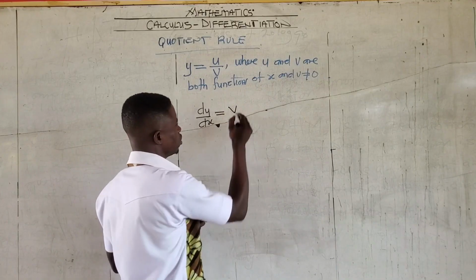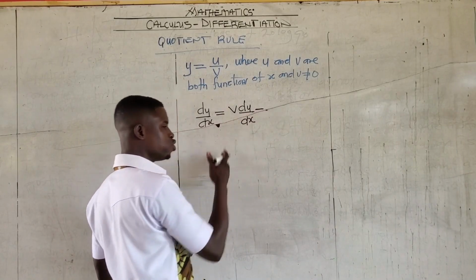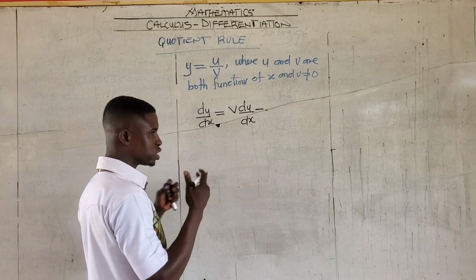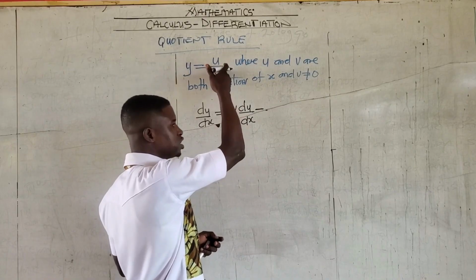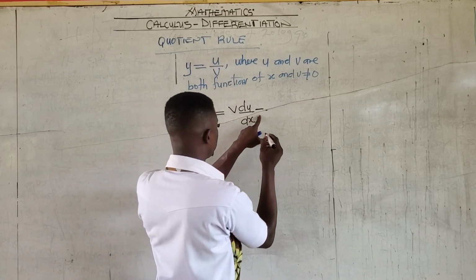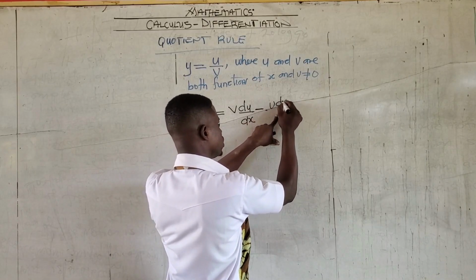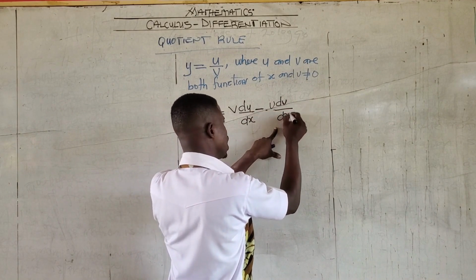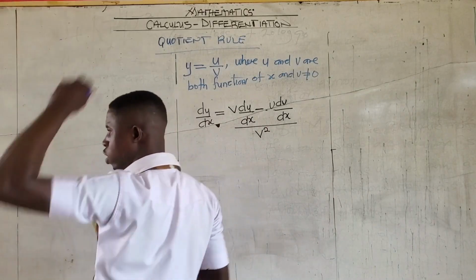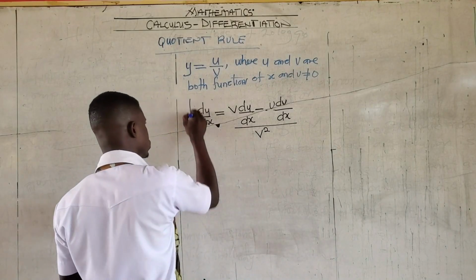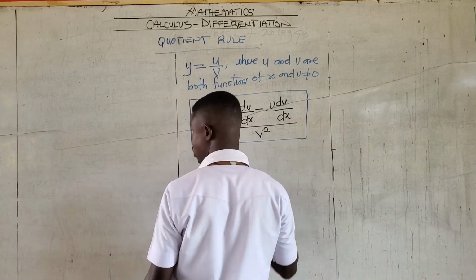v multiplying du over dx minus, note the difference between the quotient rule and the product rule. The formulas look similar. For the quotient rule, it's a division. Division goes with what? Subtraction. So the next term is u multiplying dv over dx, all divided by the square of v.